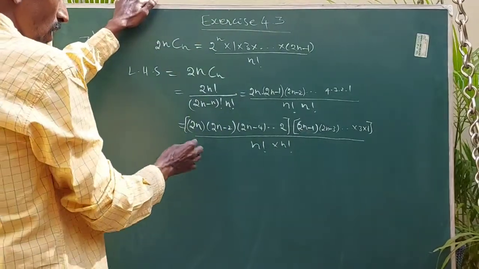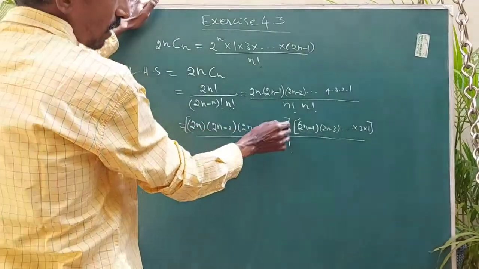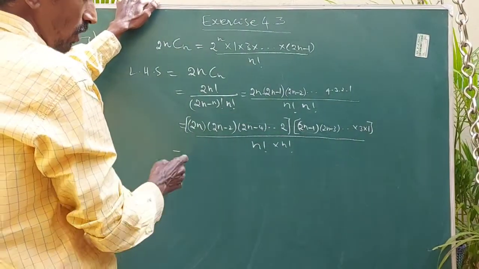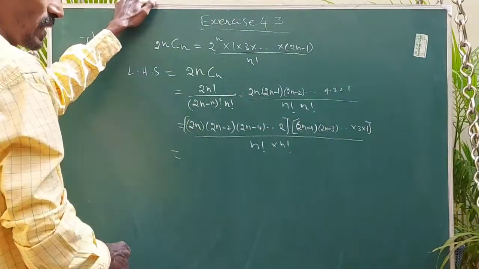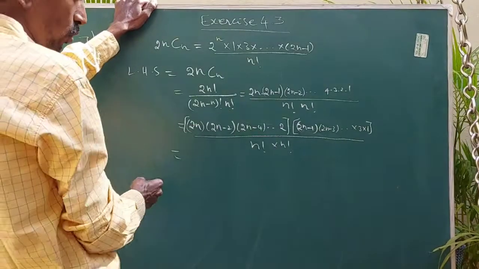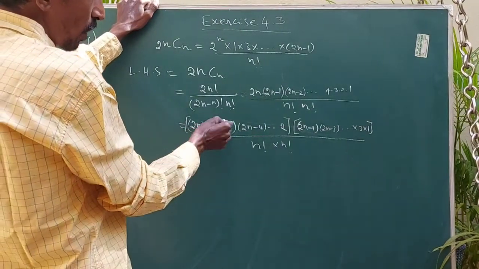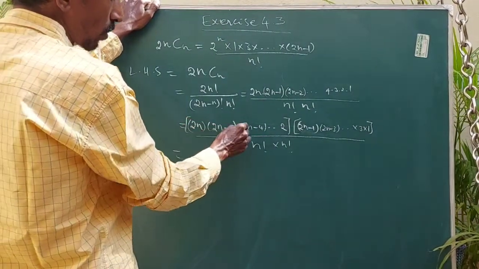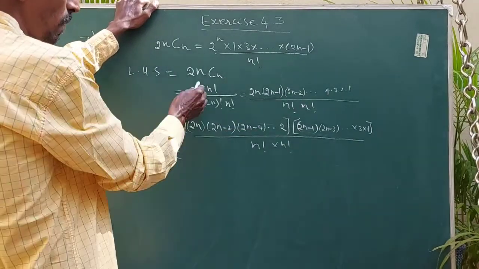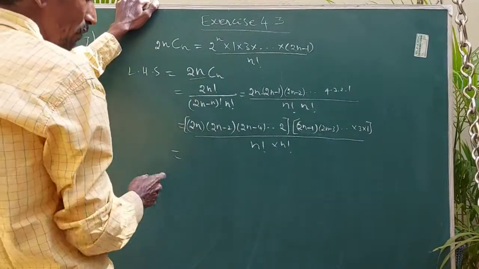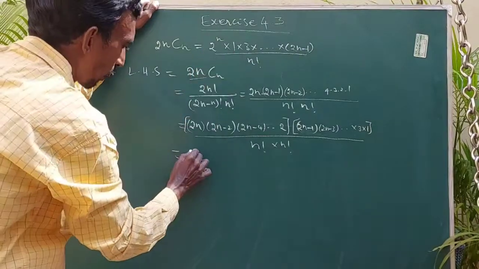Here all the values are multiples of 2, even number means multiple of 2. So if we take 2 from the first one, 2 from the second one, so 2 into 2 into 2, how many times? n times. So it is nothing but 2 power n.